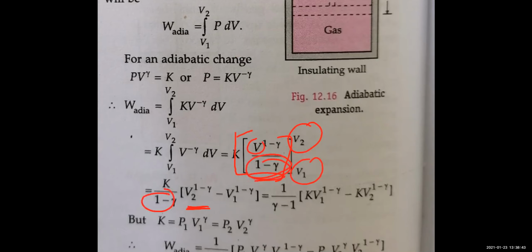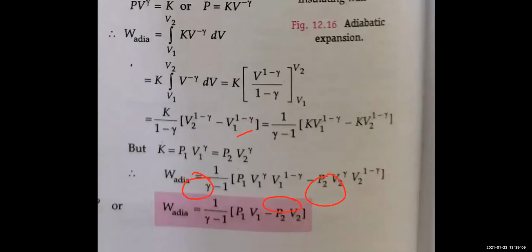Now we are going to convert it into gamma minus 1. So what we are doing? We are just multiplying the minus sign inside. When we multiply the minus sign inside, initially it was V2, now it is V1. We have just multiplied the minus sign inside, so that here we get gamma minus 1. No big crime, easy.